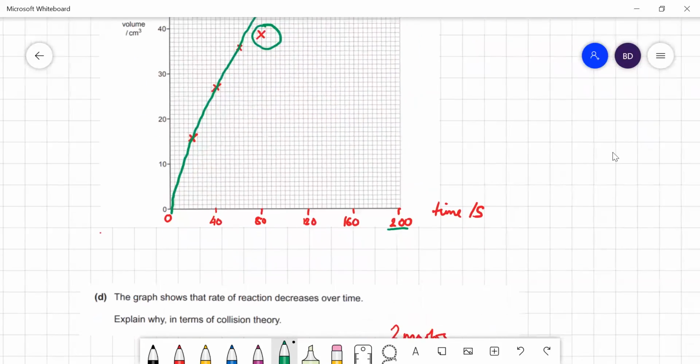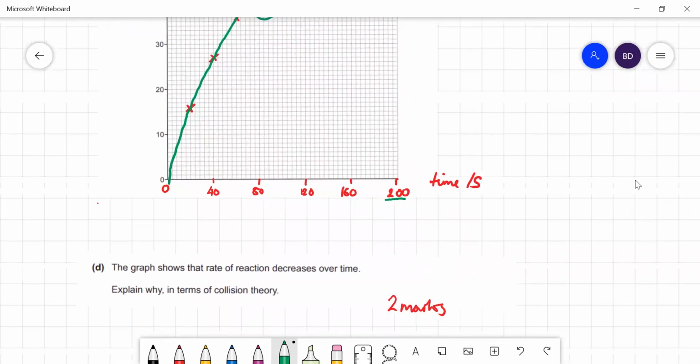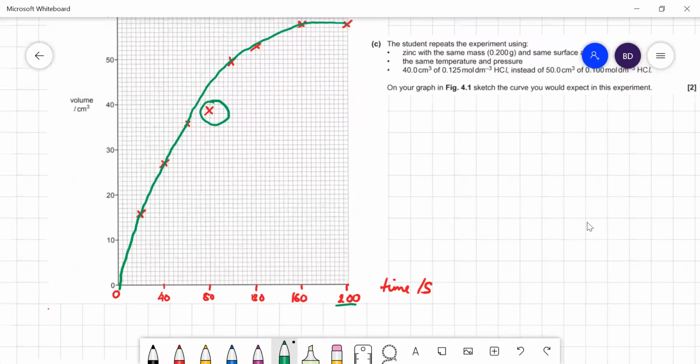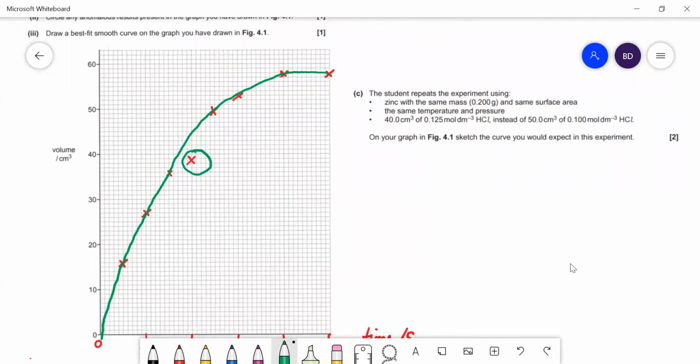I'm going to do this question here now. The student repeats the experiment using zinc with the same mass and the same surface area, and the same temperature and pressure, but they've changed the concentration of HCl and the volume.